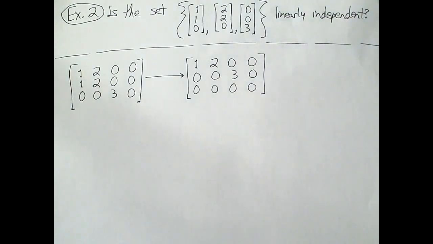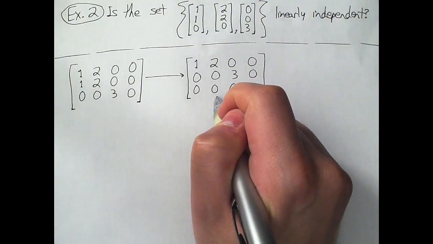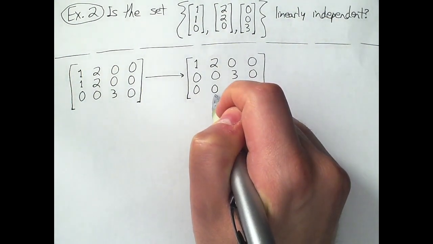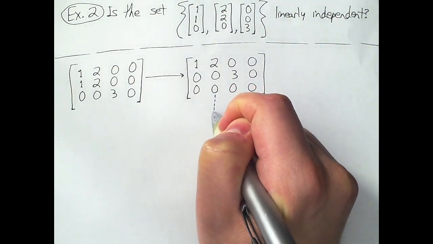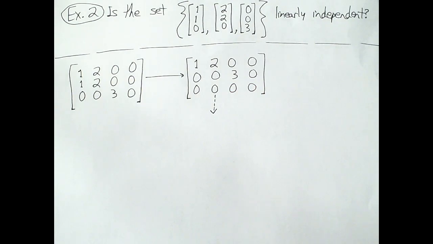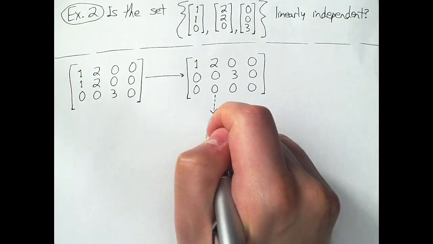Now, let's look at each row and each column and see what we can conclude. But I can already tell you that C2 is free.